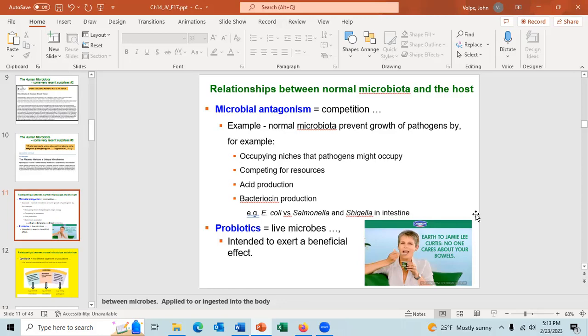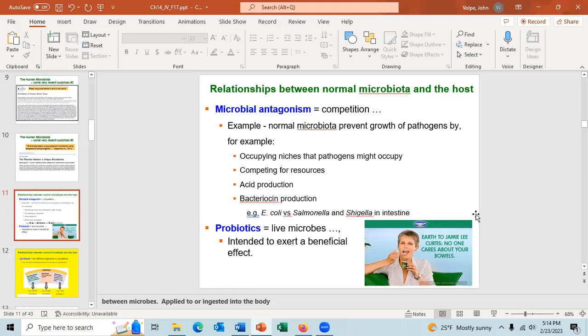If the normal microbiota can compete, the human pathogen may not get established. And so the normal microbiota can cause microbial antagonism, competition with human pathogens. And that's good for the host.